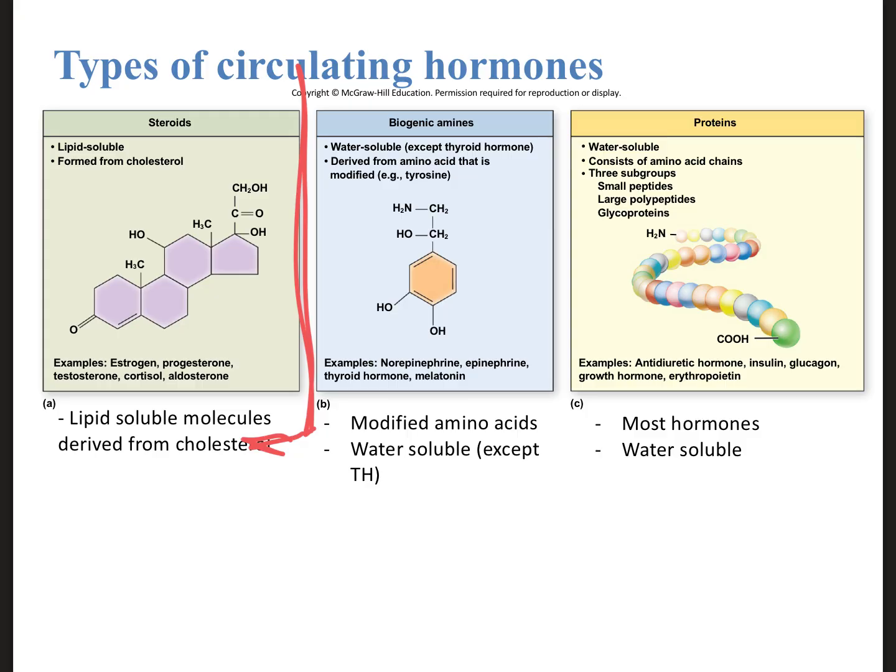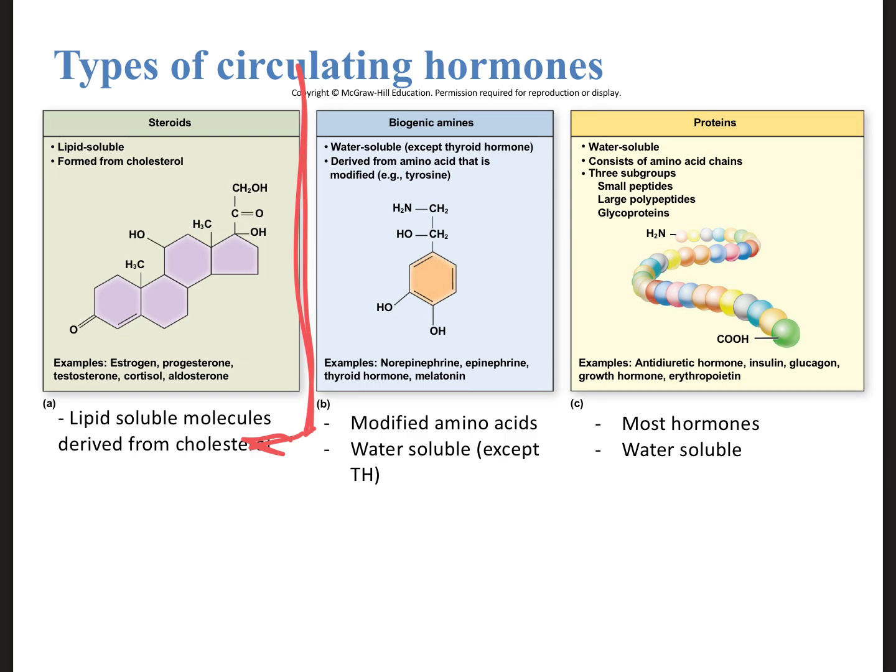Blood is an aqueous, watery solution, so water soluble hormones are solubilized and travel in the blood with no problems. But fat soluble or lipid soluble hormones, what do we know about oil and water? They don't mix. So in order to travel via the blood, these hormones have to have a carrier protein, and they don't do well in a watery solution.